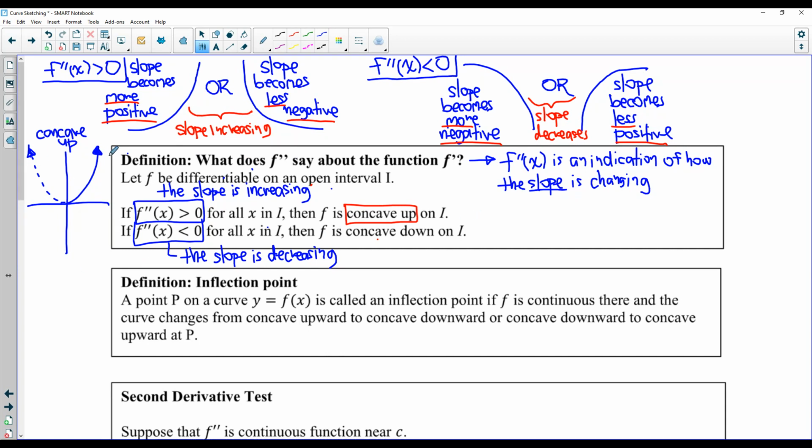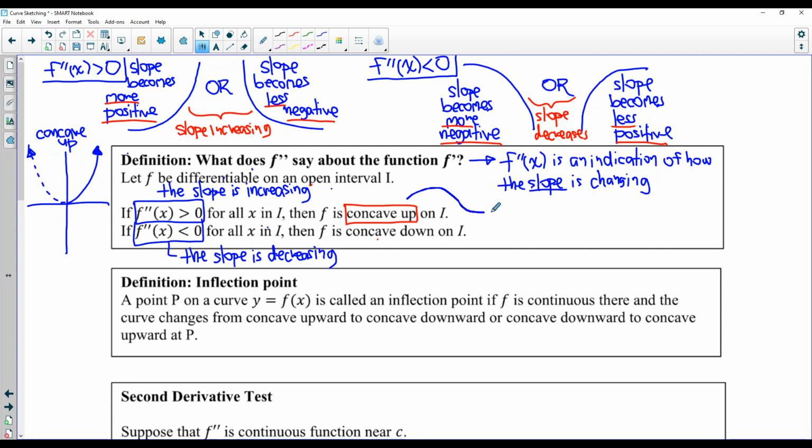Now, there's technically two ways you could draw it. Concave up would just be you have an arm where your slope becomes more positive, or it could be this left arm here where your slope becomes less negative. Okay. Either way, though, if you take the portion of the curve and extrapolate it to get a full parabola, concave up would just mean that the extrapolated parabola opens in an upward direction.